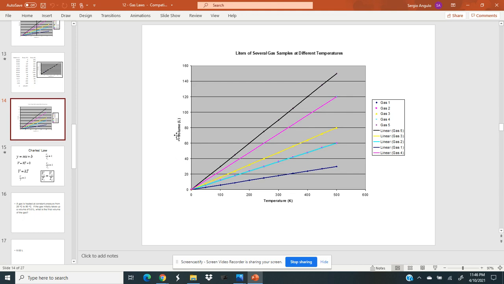You've got volume on the y-axis, temperature on the x-axis, and if you saw my Boyle's law, you probably remember that I said you probably thought you'd never see y equals mx plus b outside of an algebra class, right? It's everywhere. You just need to be able to look for it and work with the numbers. So volume's on the y, temperature's on the x, temperature in Kelvin. It's got to be specific.